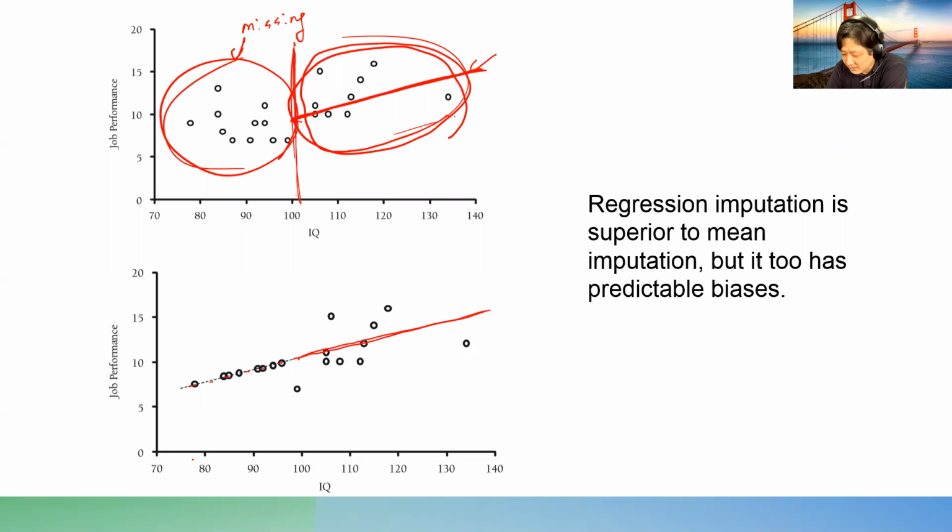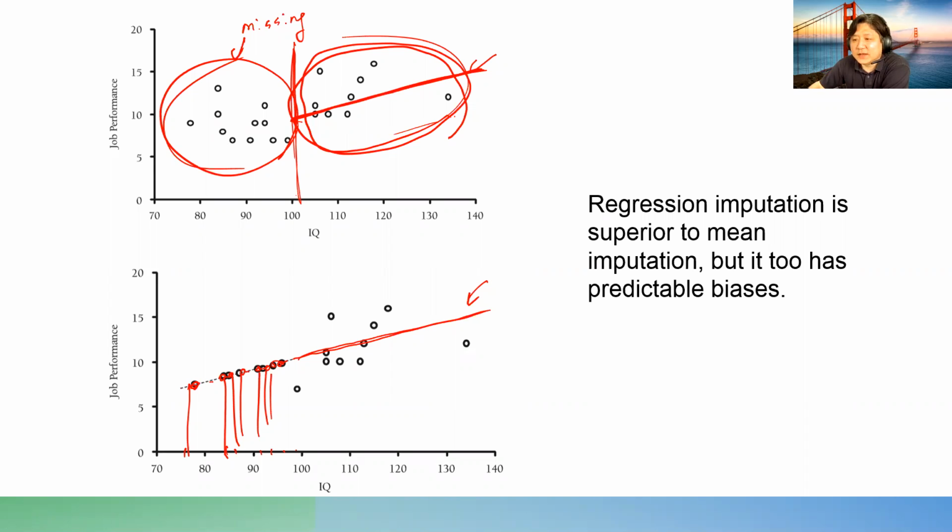These are all the missing values, and then we try to predict using this regression line. And our missing values will be like this. So the imputed missing value will always be only on the predicted regression line here.